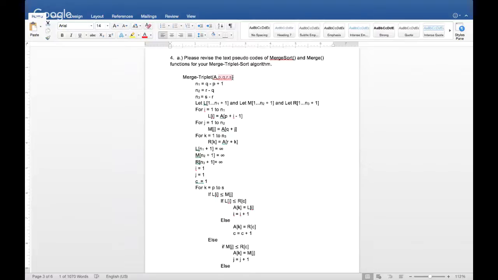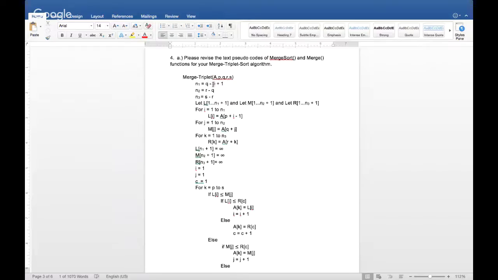So Q minus P, if Q is the beginning, what we need to be able to do is find the end position.